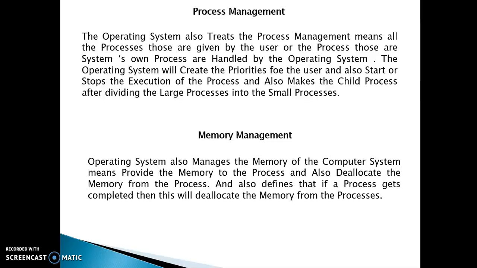Is it clear? Memory management. The operating system also manages the memory of the computer system, meaning it provides memory to a process and also deallocates the memory from the process when the process gets completed.